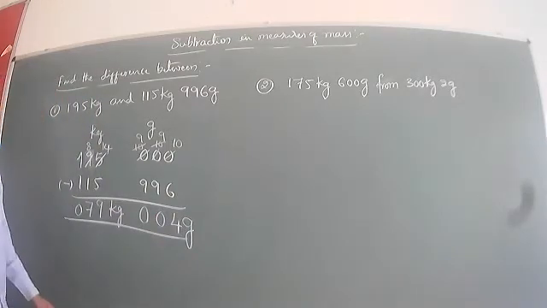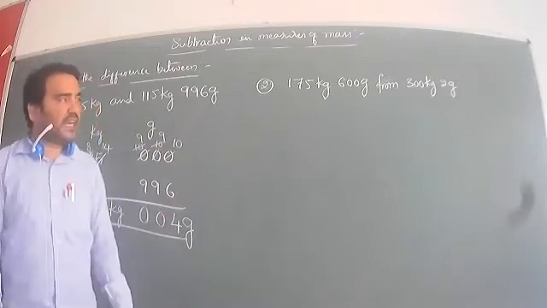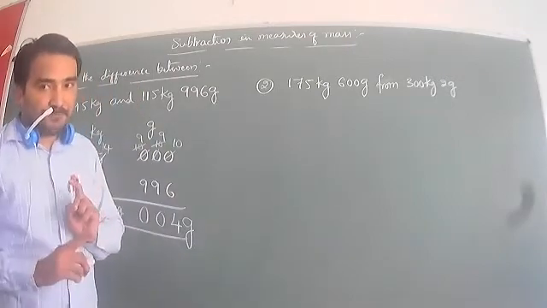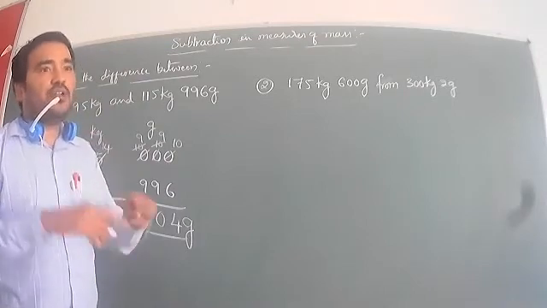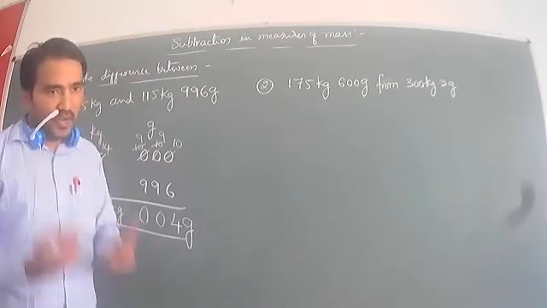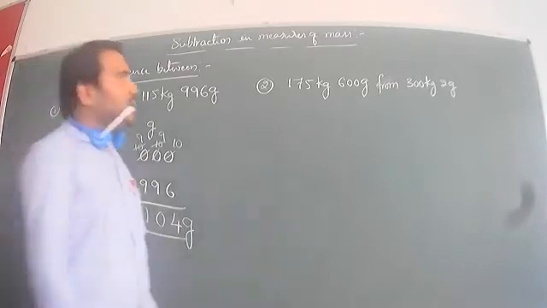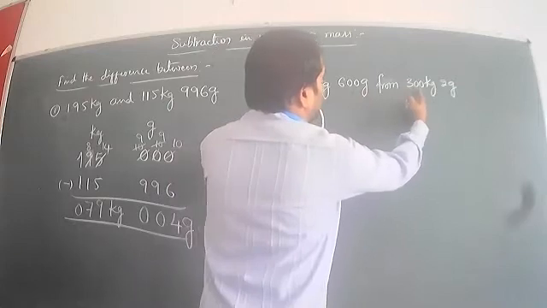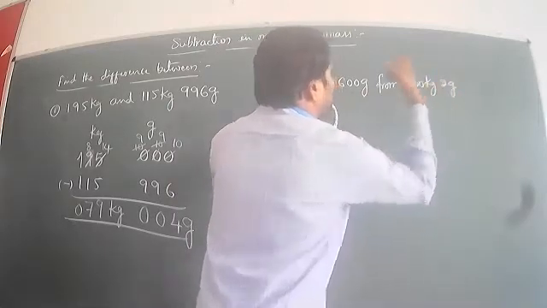Now solve the same kind of problem in the second one. First we compare the kg. If the kg is greater, the gram is automatically greater. Here we have 175 kg 600 gram and 300 kg 2 gram.